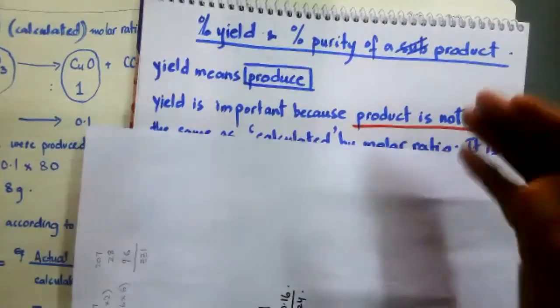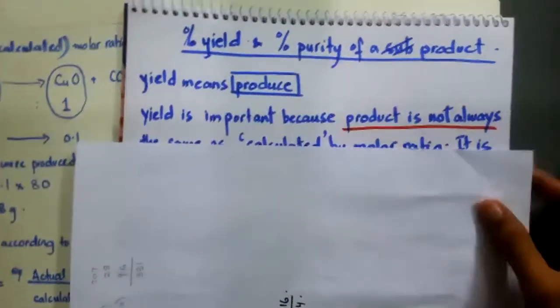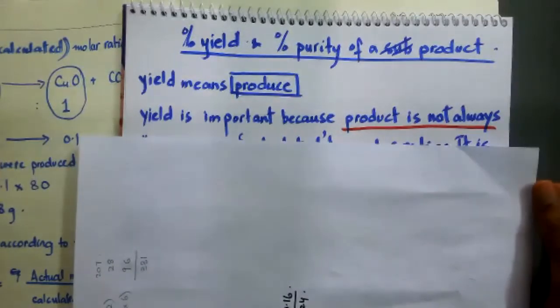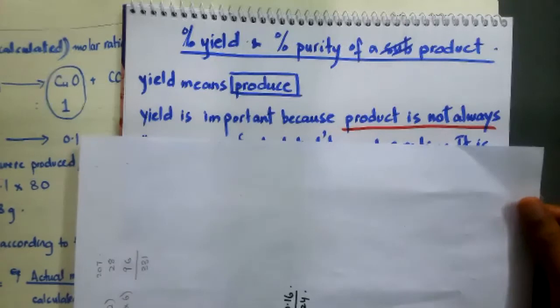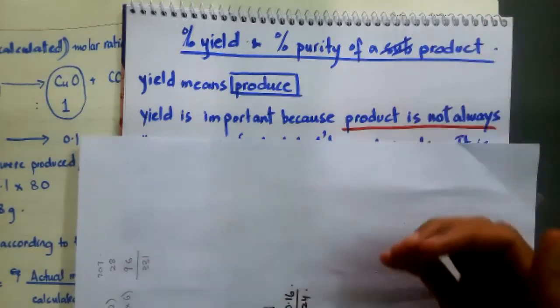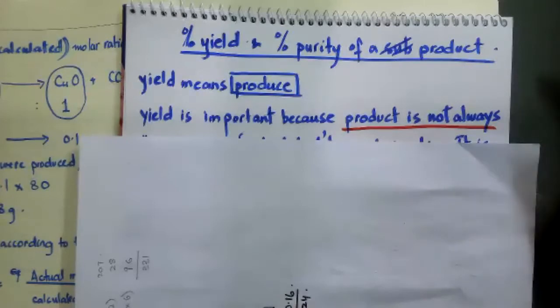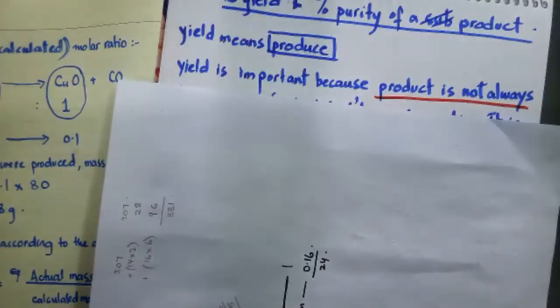Now, why do we calculate percentage yield? What is its significance? This is important because yesterday we were talking about the product being formed from the reactants. That was the ideal situation, when we don't consider the loss of any reactants to the surroundings. But practically speaking, that's not 100%, because some of the reactant is lost to the surroundings. Even while you're cooking, not all the ingredients that you added end up in the product.